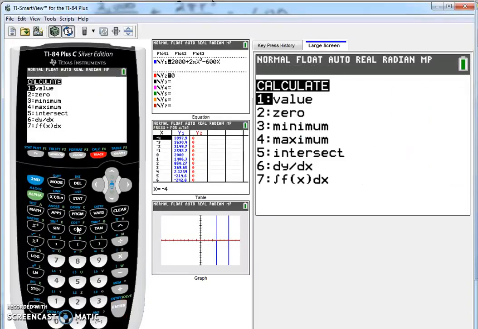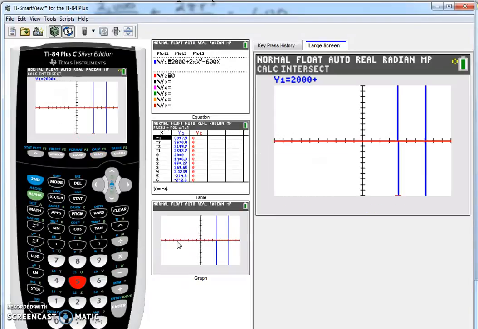So let's calculate the second intersection. I'm going to do second trace, number 5, to calculate again. You move the cursor really close to the intersection. You're guiding your calculator, telling it what intersection you want to focus on.